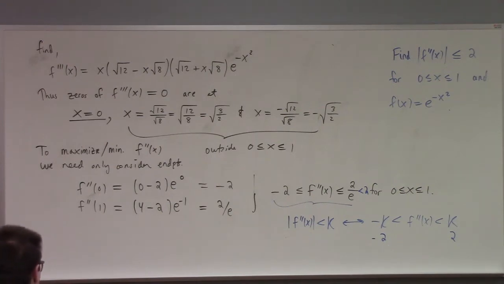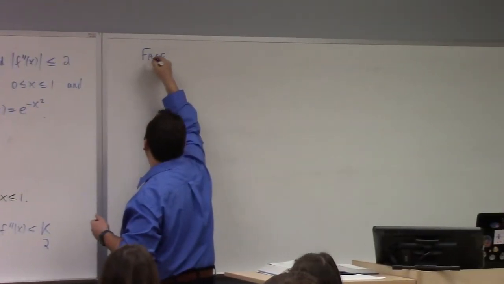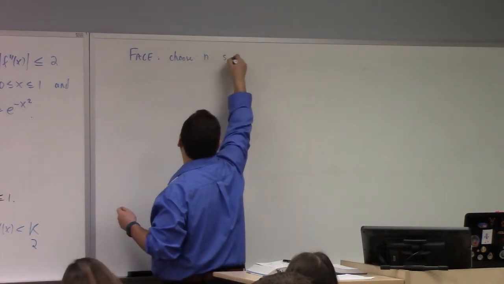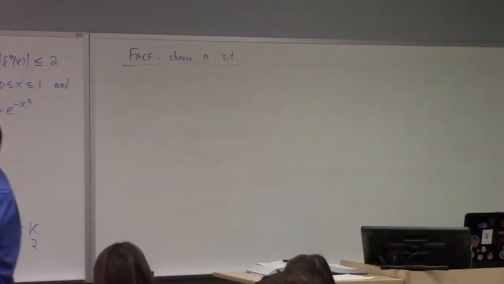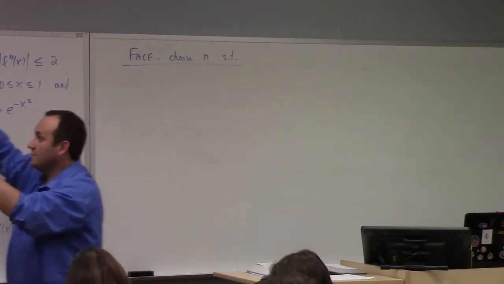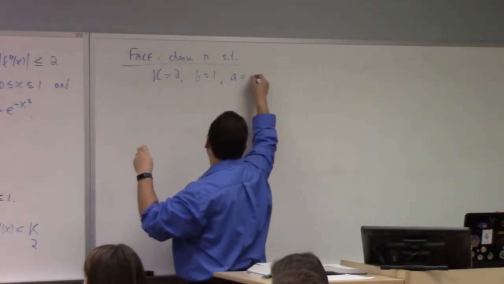Okay, so what have we got? So now we face choose n such that what? The problem we're facing now finally is our k is 2, our b is what? A equals to 0.